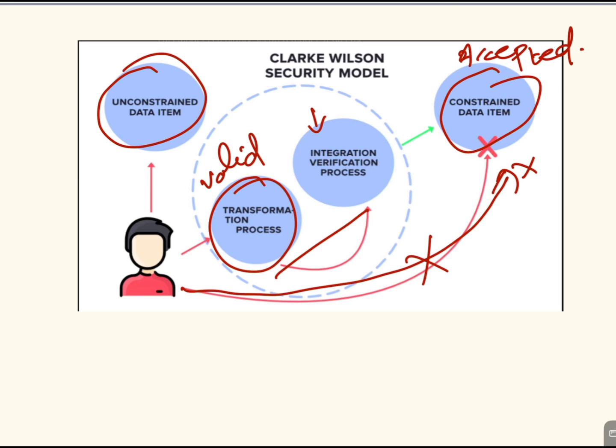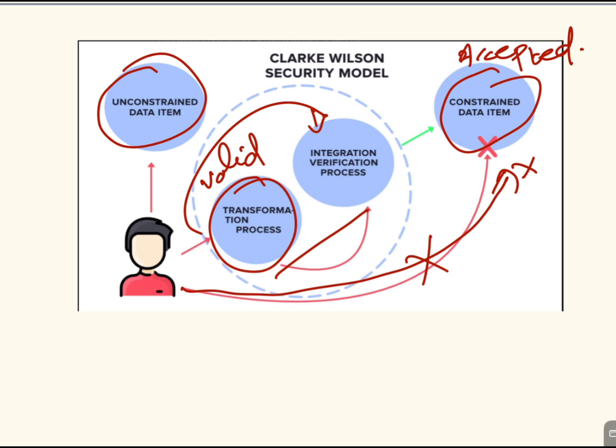The user must go through this transformation process, right? A finalized financial record in the company database cannot be changed manually. So once those financial records are finalized in the company database, they cannot be modified or changed, right?